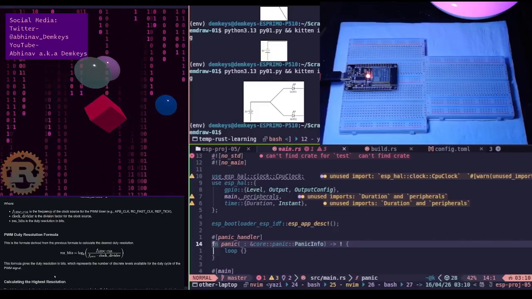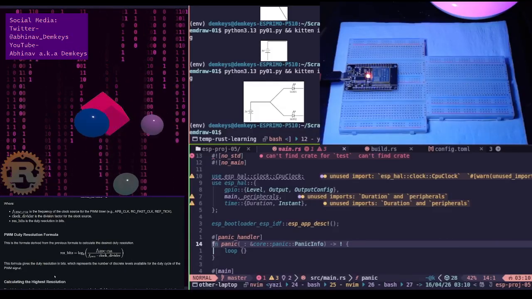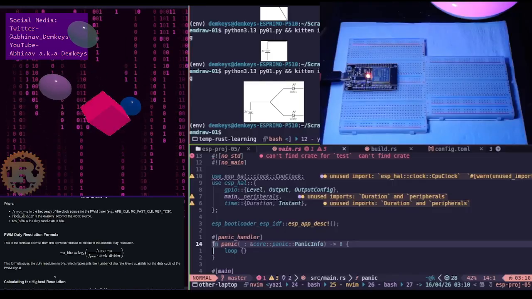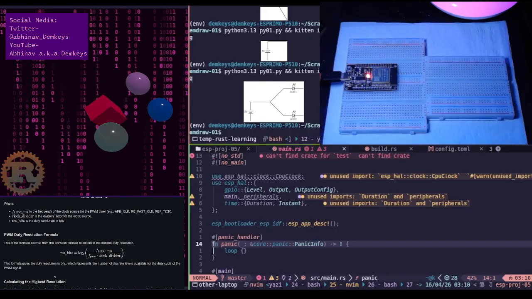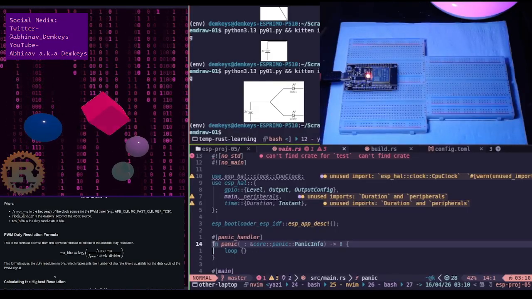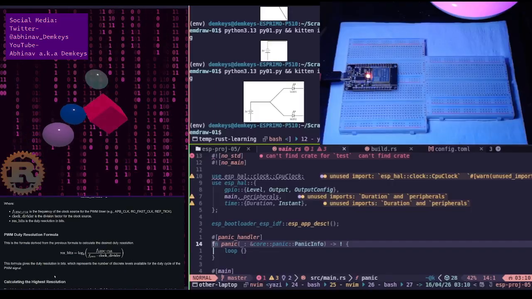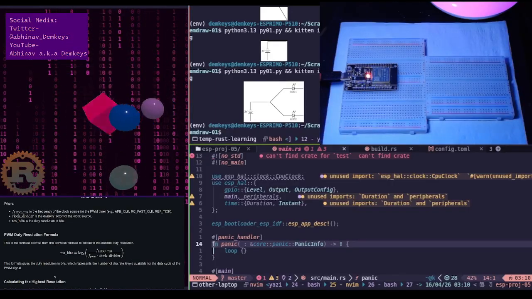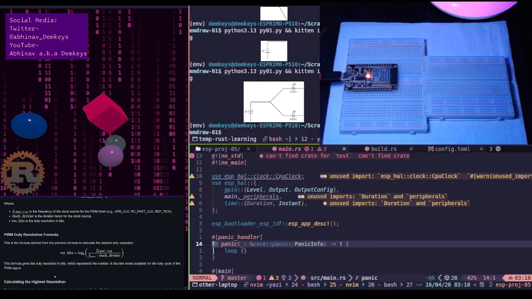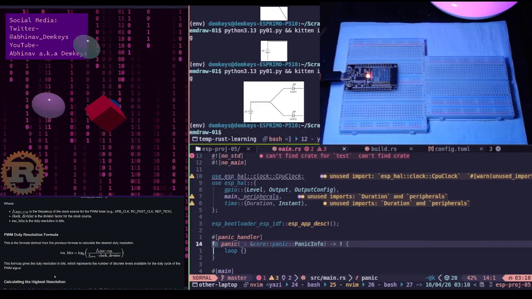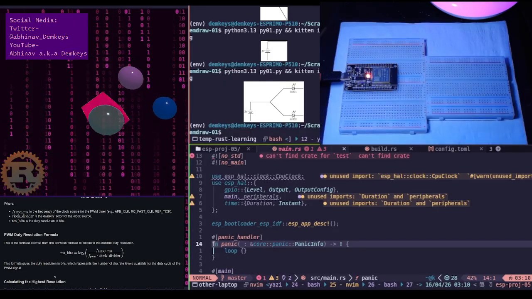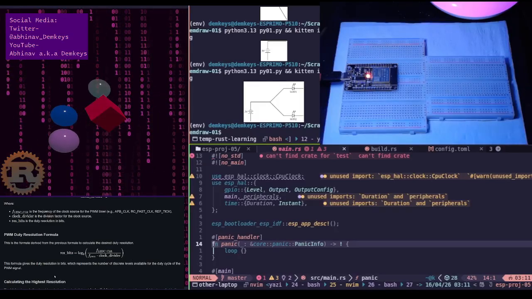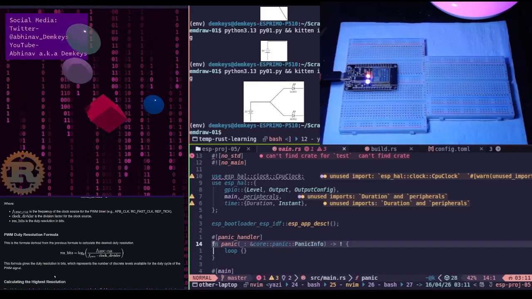If we want to know how long one tick is, we do 1 divided by 80 million, and that gives us 12.5 nanoseconds, because it's 80 million ticks per second. That gives us 12.5 nanoseconds, or 0.0000000125 seconds. But yeah, it's 12.5 nanoseconds.